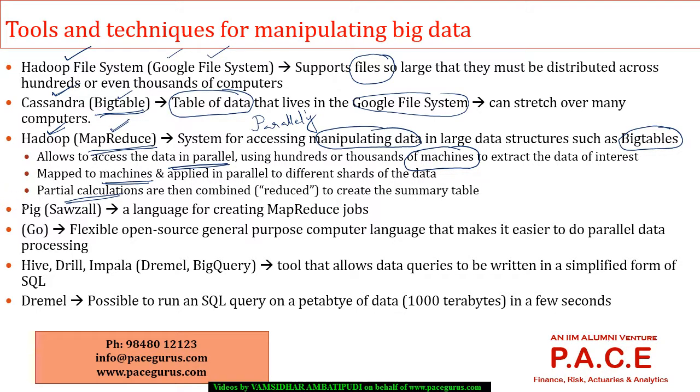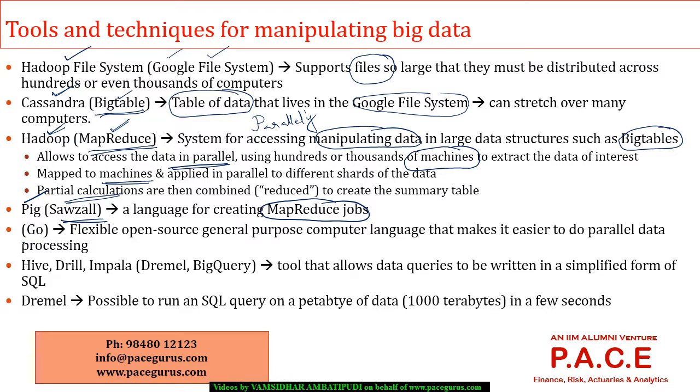Then we have another tool called Pig, which is equivalent to the Google version, Sawzall. It's a language for creating MapReduce jobs. If I have to create Hadoop-related jobs or tasks, the language to work with the Hadoop architecture is Pig.